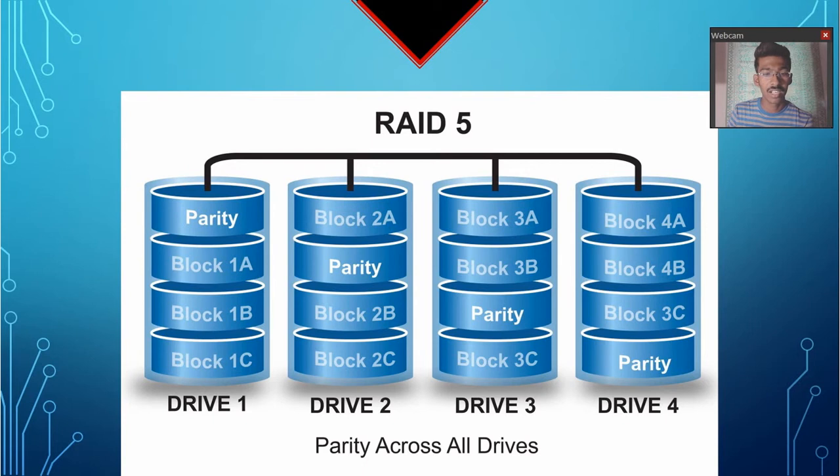So in RAID 5, we have parity to check whether all the data is correctly stored in the drives or not. If it has not been stored correctly, we can use the parity data to retrieve the original data.